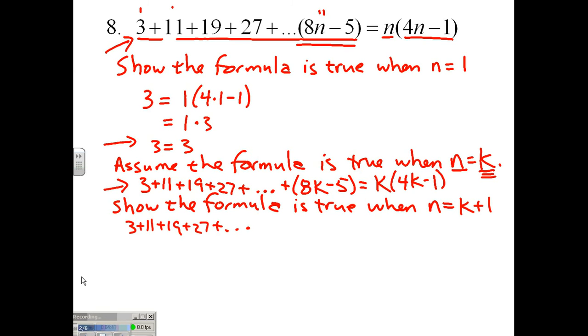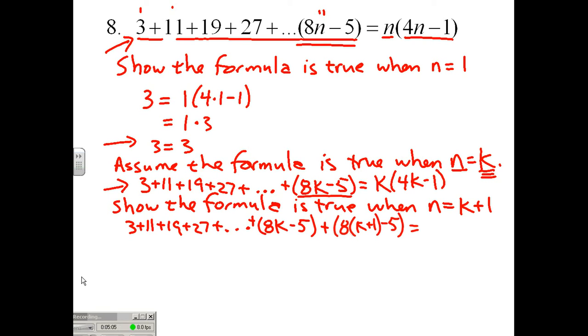And it's tempting to go right to my k plus first domino, but I'm going to revisit my kth domino, plus 8k minus 5. Now my k plus first domino, 8 times k plus 1 minus 5.